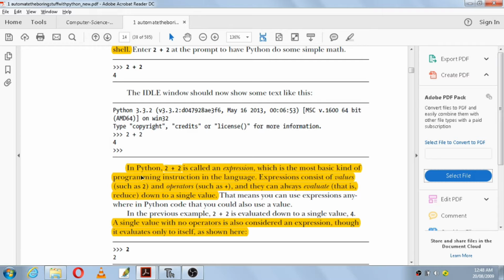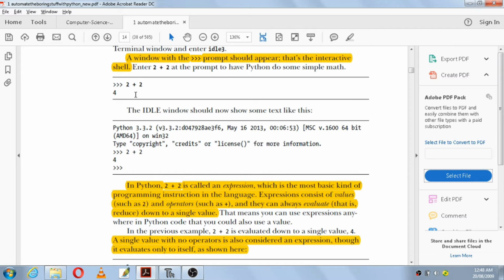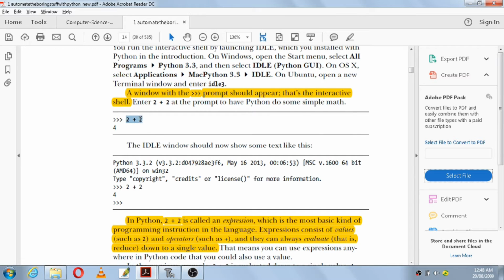In Python, 2 plus 2 is called an expression. We know what an expression is. An expression usually consists of values and operators, and when you evaluate such an expression, it comes down to a single value.